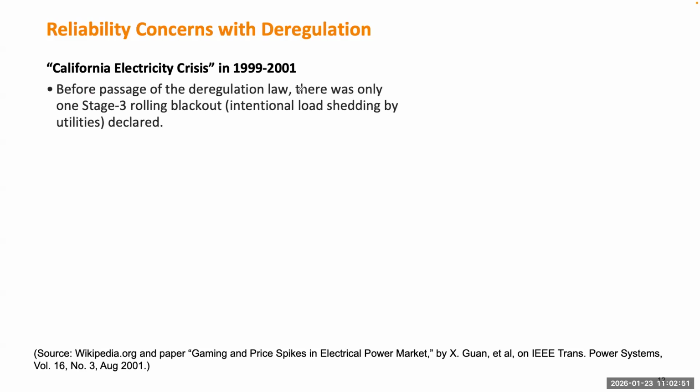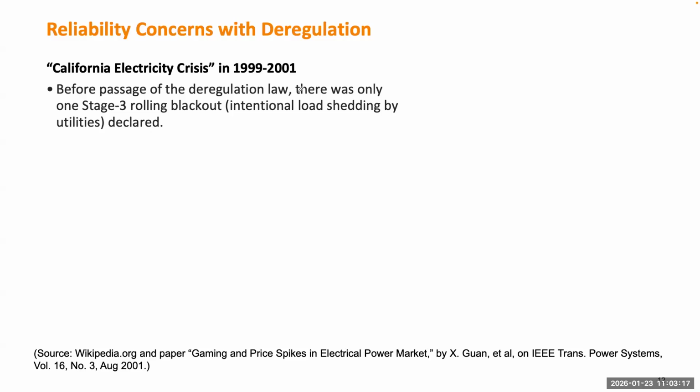Before the passage of the deregulation law, there was only one stage 3 rolling blackout. Stage 3 rolling blackout means if the power company decides the reliability will be compromised, they can intentionally shut off some load or disconnect some generators for the reliability of the entire system.